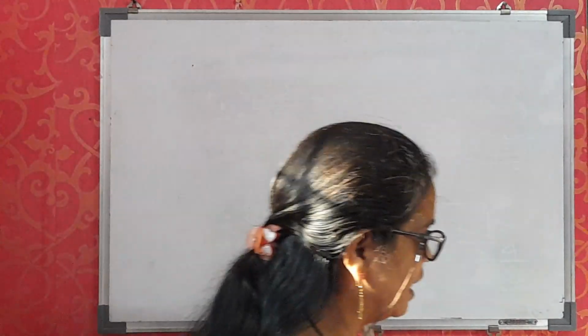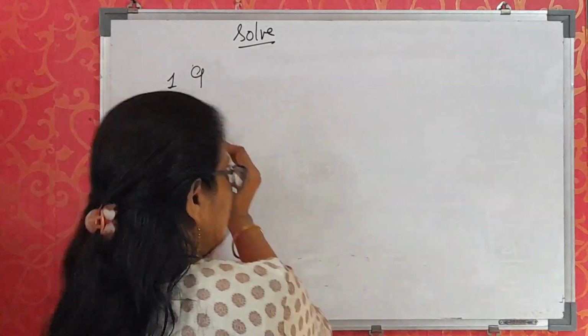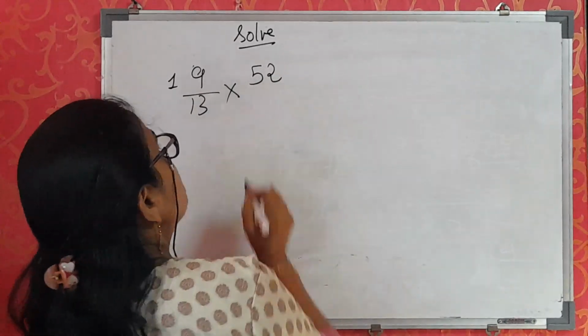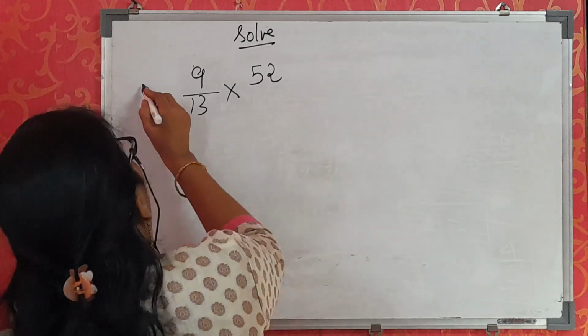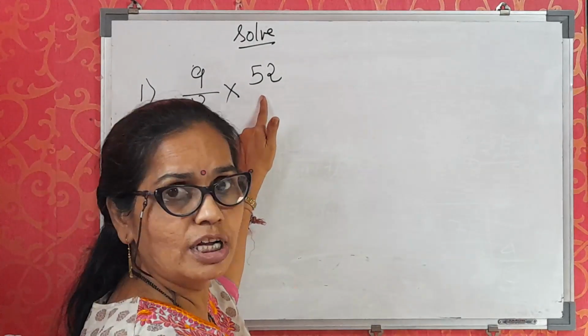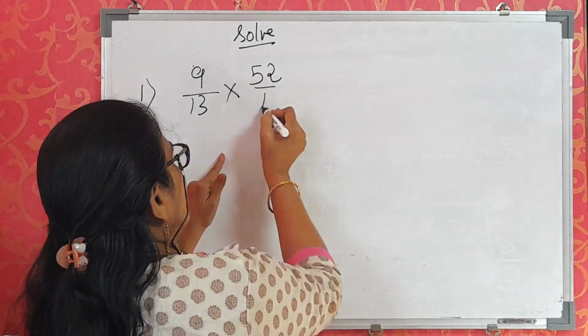Now we will see the actual sums of multiplication. Your first sum is 9 upon 13 multiplied by 52. So simple. As I told you in addition and division of fraction also, since there is no denominator, you have to consider 1 as the denominator.